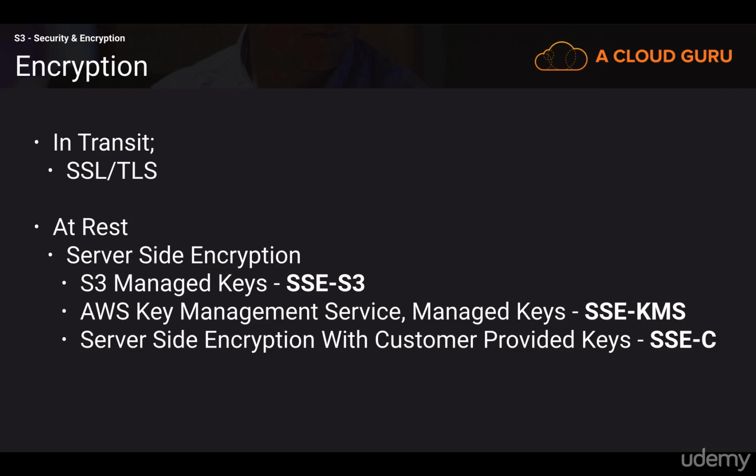So those are the 3 server-side encryptions, and you really just need to remember server-side encryption S3, server-side encryption KMS, and server-side encryption C. Then finally you have client-side encryption, which is effectively where you encrypt the data on your client side and then upload it to S3.